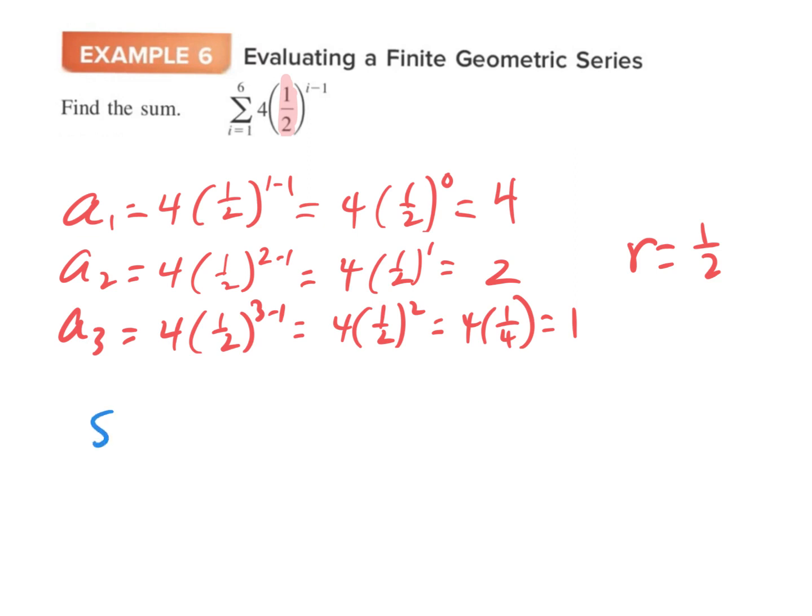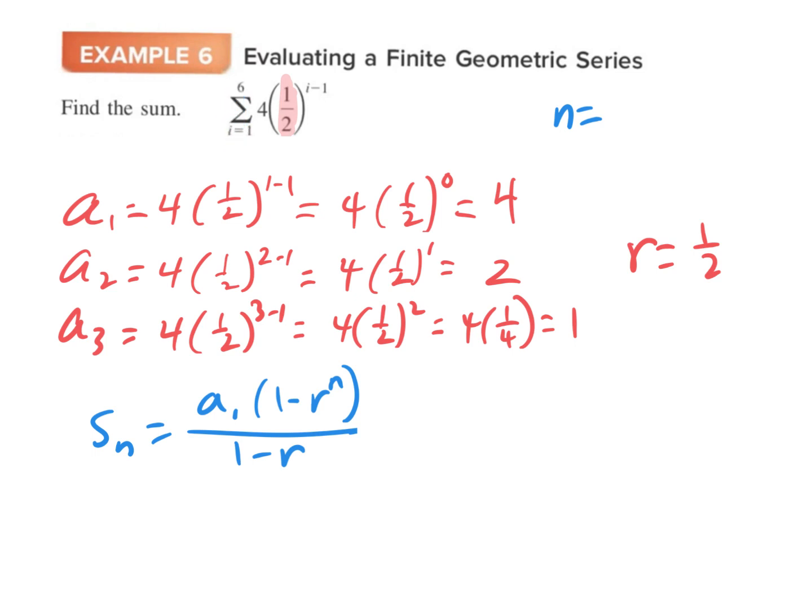So our formula is S sub n equals the first term times 1 minus r to the n, all over 1 minus r. And so it's just a matter of plugging into that formula and we're done, basically. Do we know what n is? I know n is 6. It is 6. Since this is 1, the top number is going to be the number of terms.